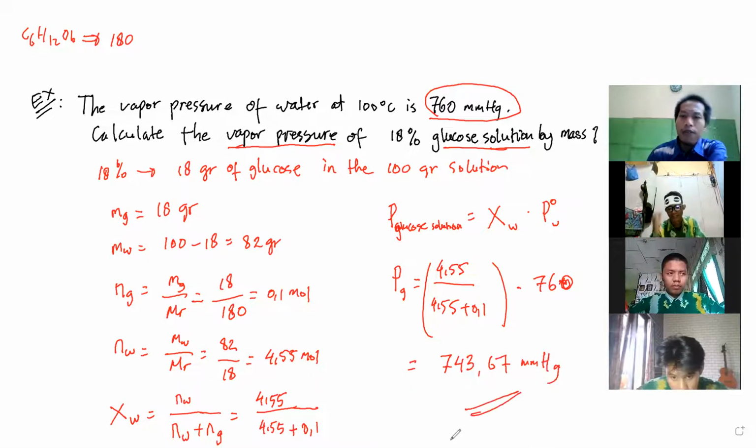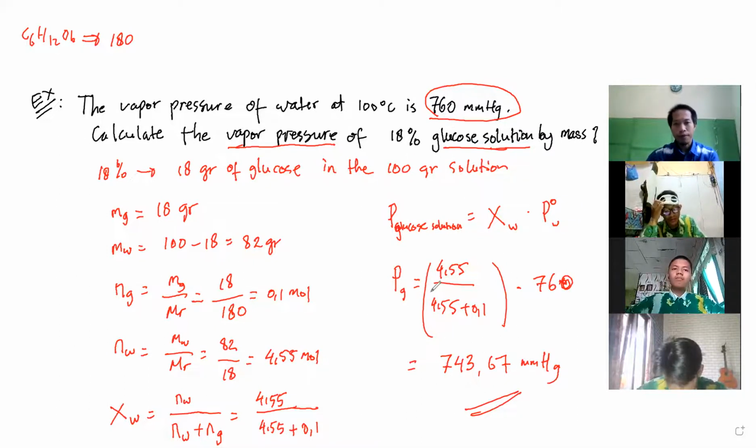So this is the P glucose. As you can see, P glucose will be lower than pure water. Pure water is 760, glucose is 743.67. It's lowering.